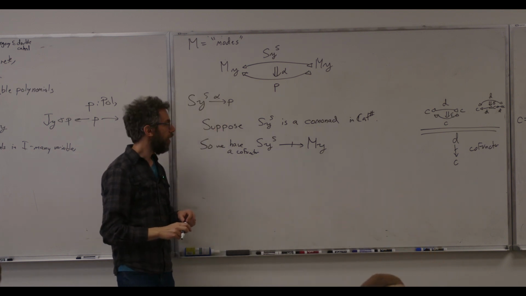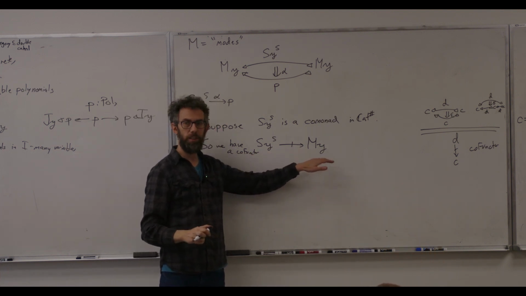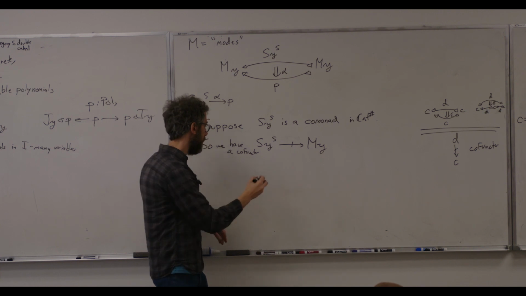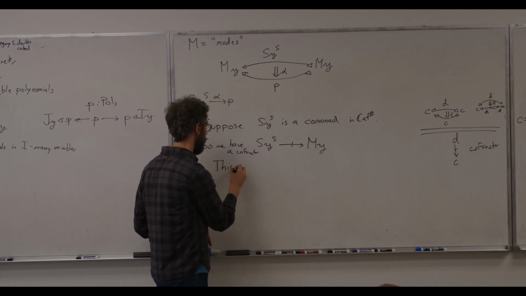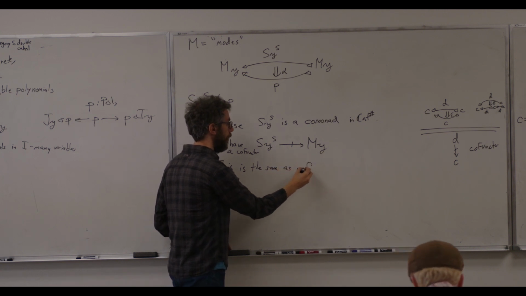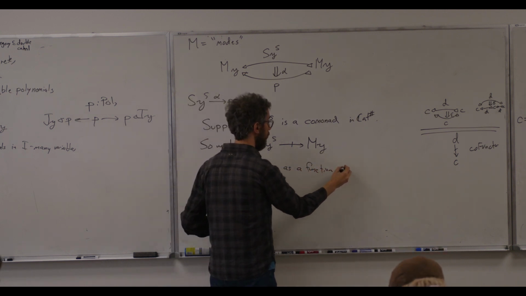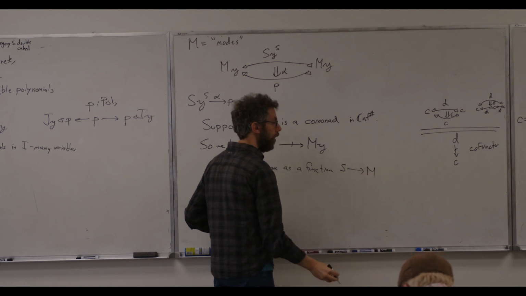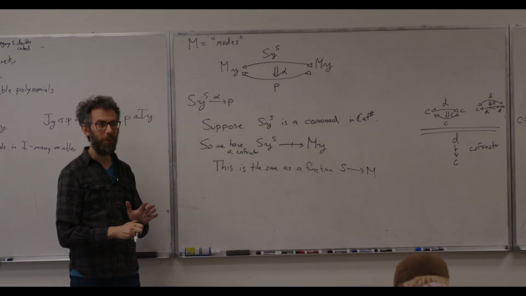Now what's a cofunctor to a discrete category? It's just the same thing. This is the same as a function s to m. Okay. So where are we now?